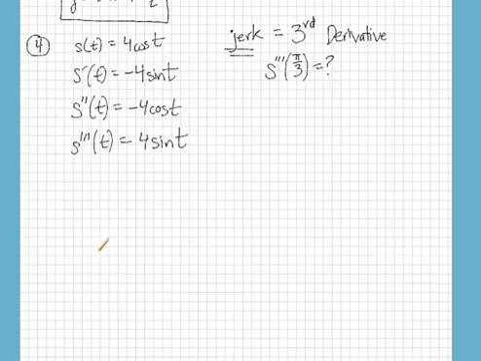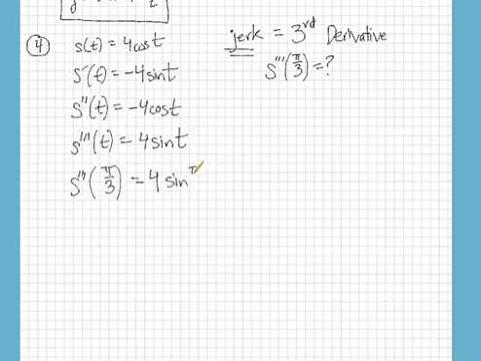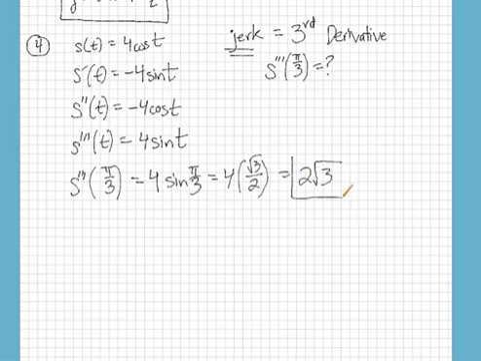So if we want to find s triple prime of pi over 3, we simply plug in pi over 3. The sine of pi over 3 is root 3 over 2. It's from our unit circle. Hopefully we know that. And then we get 2 square root 3. So there is our answer for number 4.